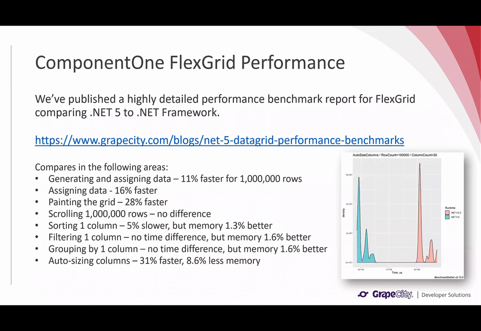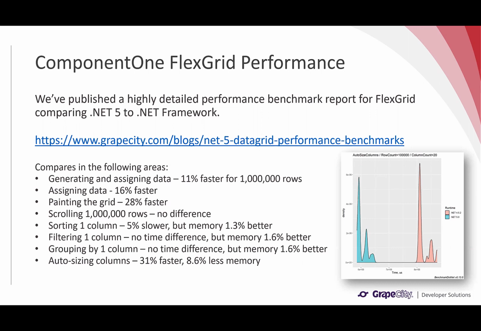We've also published some performance metrics on our end for the ComponentOne controls I wanted to share. So here we have published a very detailed report on the performance for FlexGrid in WinForms, comparing .NET 5 to .NET Framework. So we're seeing the same, if not better, performance in .NET 6, which is why I wanted to keep this now slightly outdated blog post in the limelight. For details, you can follow this URL or just go to the GrapeCity site and search for FlexGrid performance.